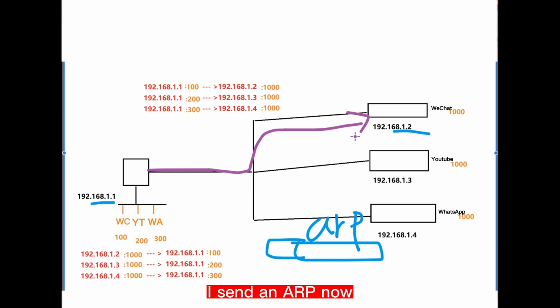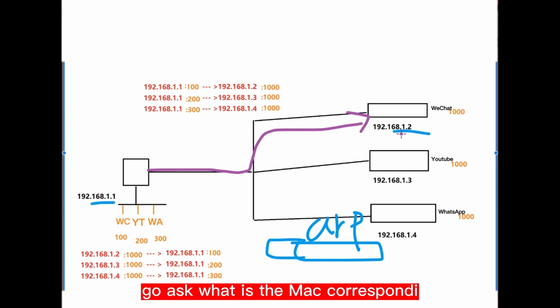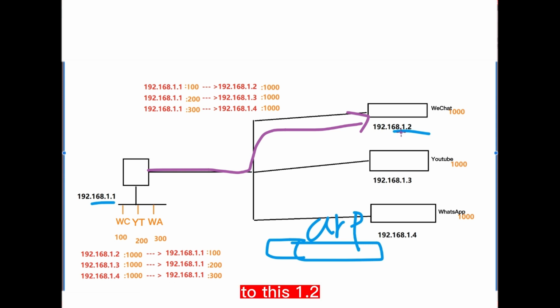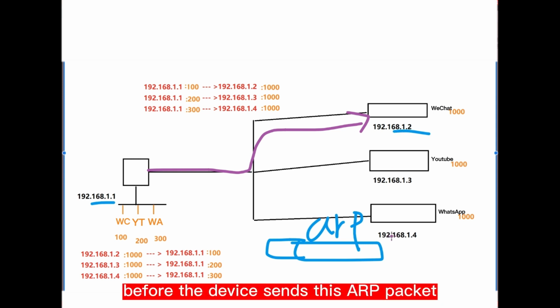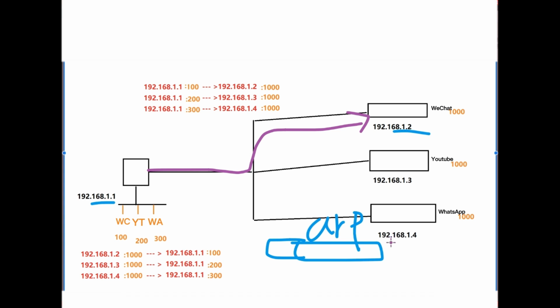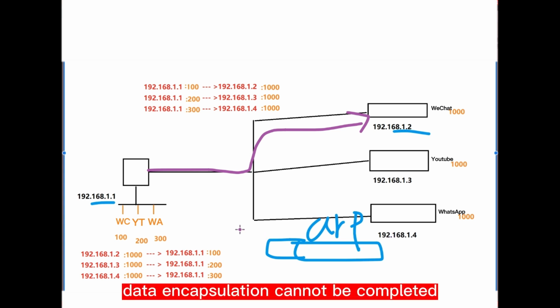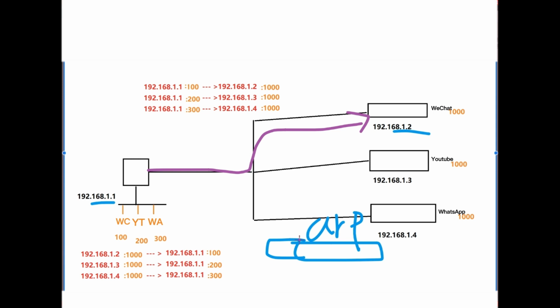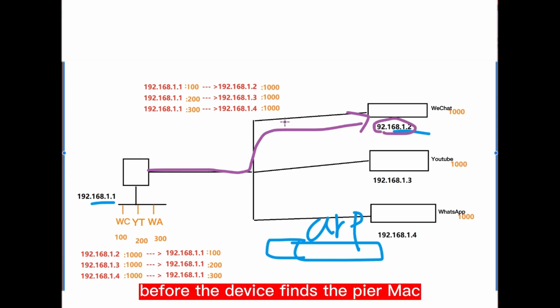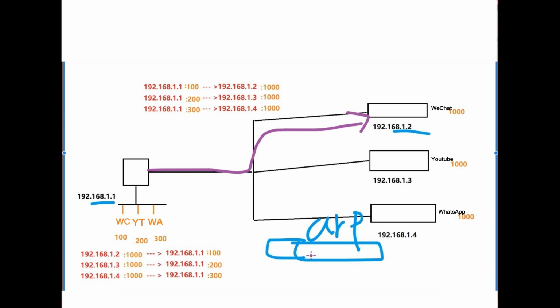So I send an ARP now to ask what is the MAC corresponding to this 1.2. Before the device sends this ARP packet, data encapsulation cannot be completed. That is, before the device finds the peer MAC, it has no way to pass the application data it really wants to pass. So we can only use a small function first. It's ARP.